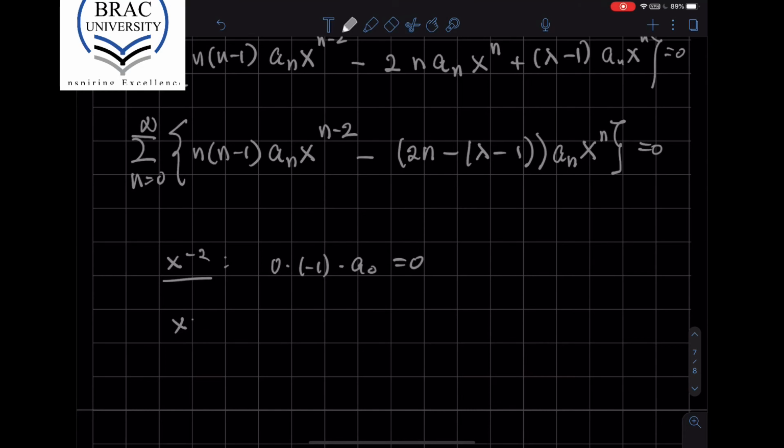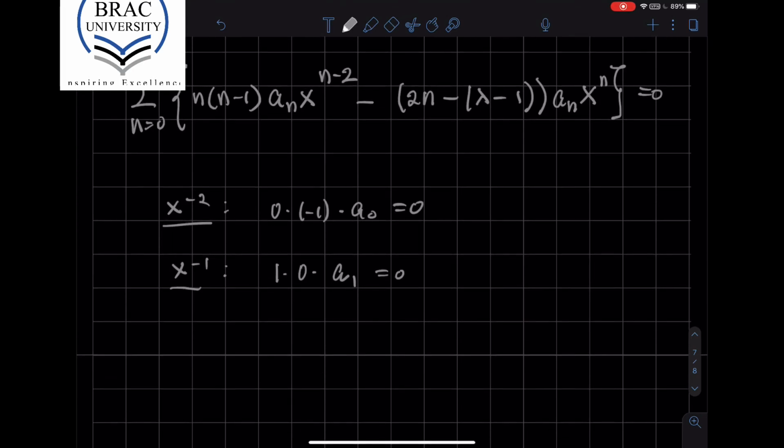The next term will be the coefficient of x to the power minus 1. Again, the second term in this equation is not going to contribute. So from the first term, we get 1 times 0 times a_1 equals 0. Again, this does not fix a_1. If we now go to the next thing, which is x to the 0, we get n equals 2 from the first term, and n equals 0 from the second term.